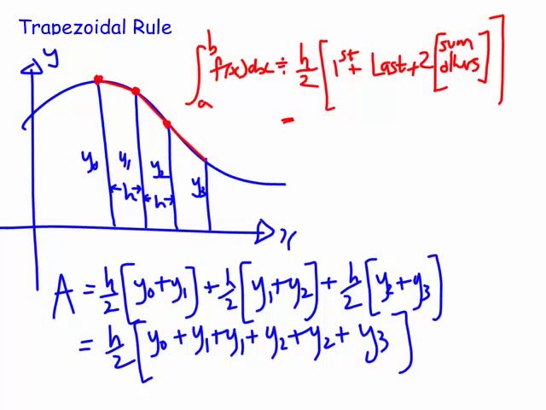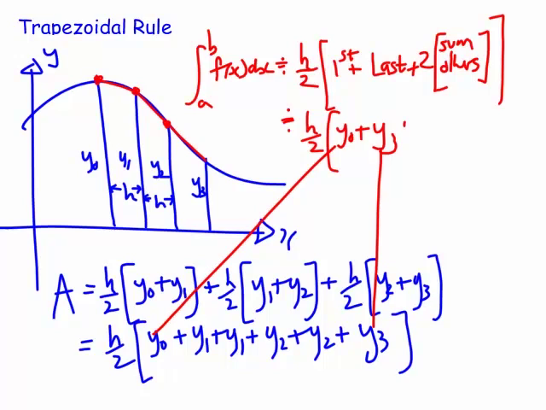In our case, it would be h on 2 times y0 plus y3, plus 2 times the sum of y1 plus y2. And you can see that there as well. Okay, so we're going to now apply this rule to a problem.